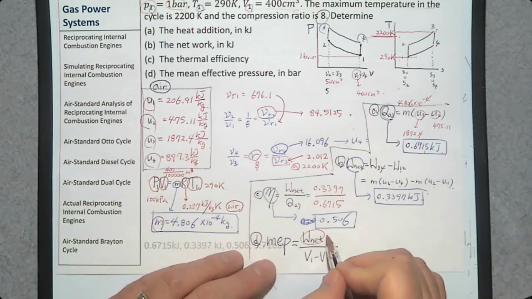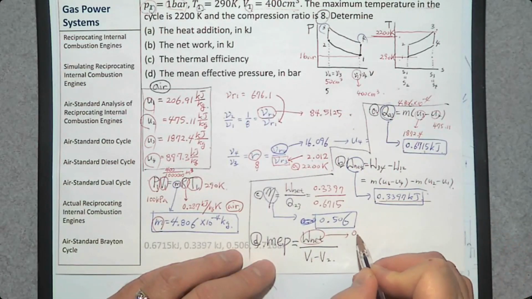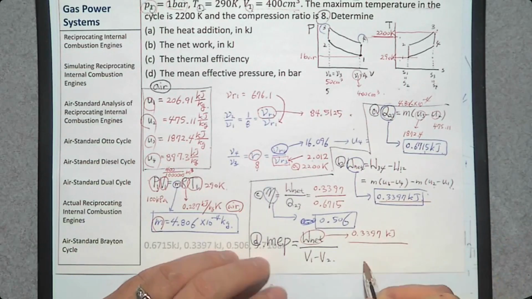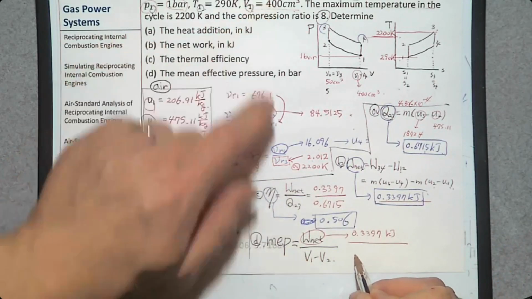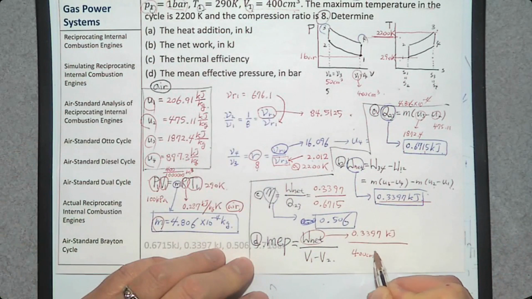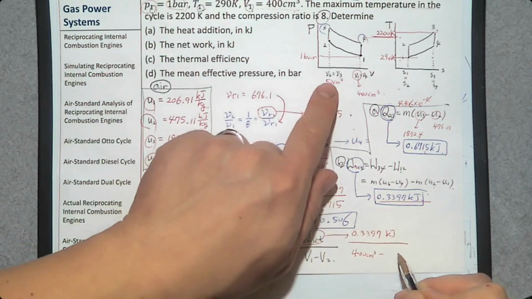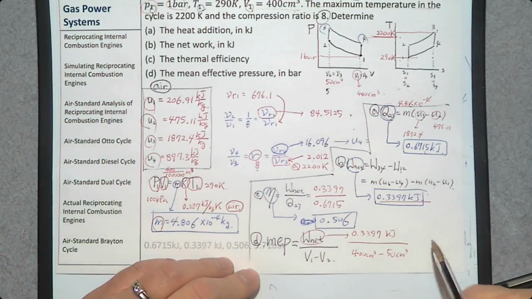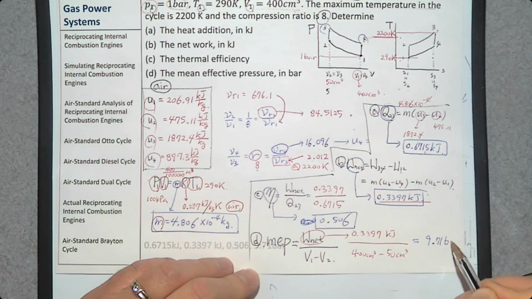So the net work is 0.3397 kilojoule divided by V1 is 400 centimeter cube minus V2 50 centimeter cube. So we get 9.71 bar.